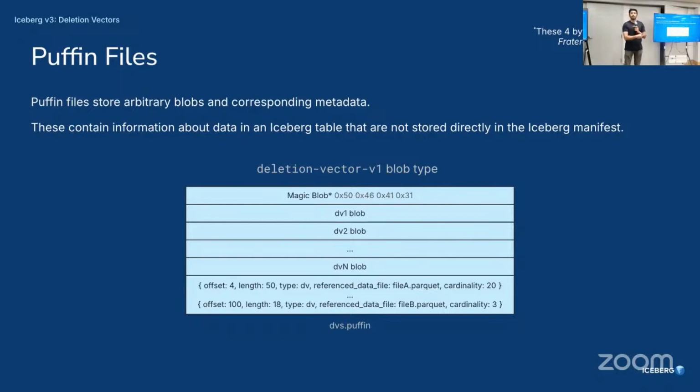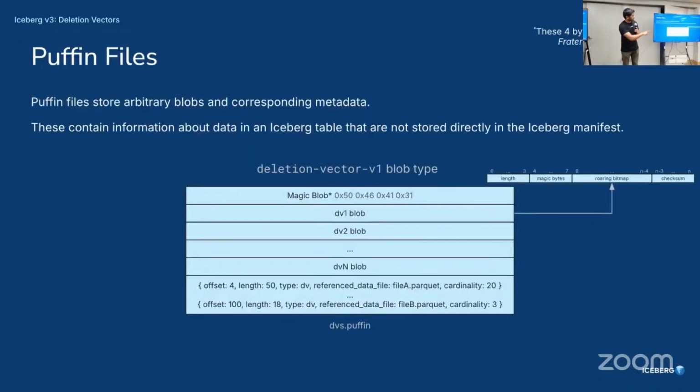There's a footer at the bottom which includes some information about where exactly to go if you want to access some deletion vector. It also tells you what data file it references and the cardinality of how many indexes are included within that deletion vector roaring bitmap. You'll notice also that the same deletion vector blob that we talked about on the previous slide is what we're stacking up on top of each other.